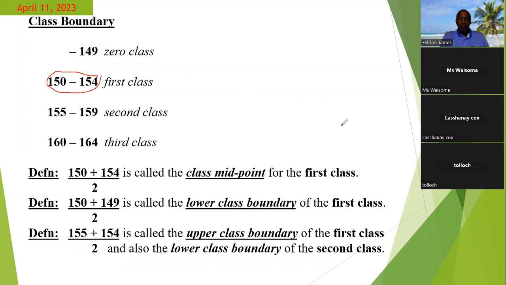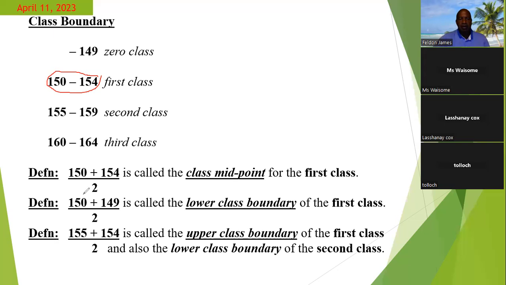Add both limits of the class and then divide by 2. We add the lower limit and the upper limit of the class and divide by 2. In other words, we're just finding the midway, which is really what we refer to as the average. So that is how to find the class midpoint. We just add the two limits of the class and divide by 2.